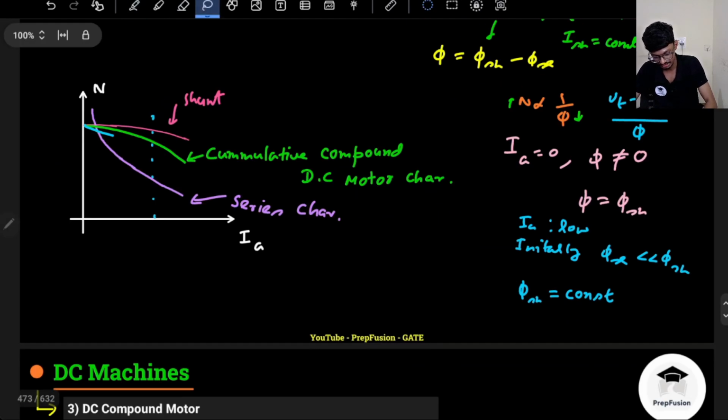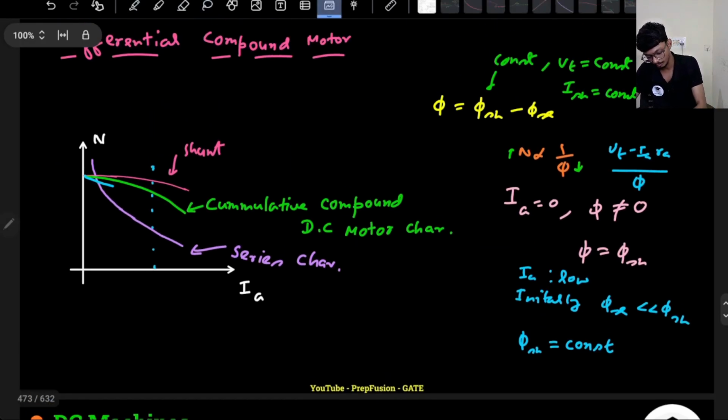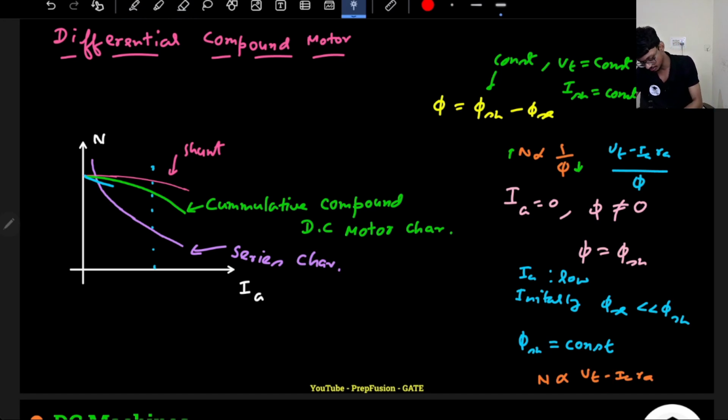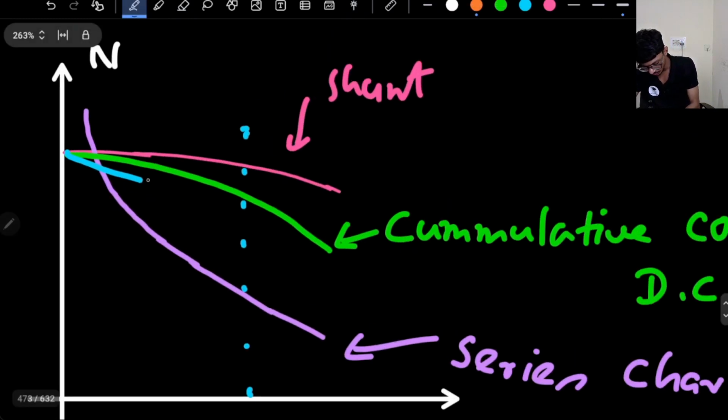Phi sh is initially constant, so my overall speed will be proportional to Vt minus Ia Ra. Ia will increase, so my speed will reduce. That is why initially the speed will reduce.